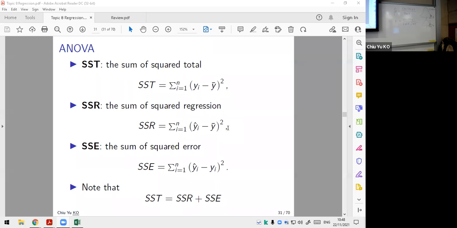So if beta hat is 0, the best estimate you can do is exactly this y bar. That is something we know. And actually yi hat minus y bar is the power of the model, because this is what the model explains.